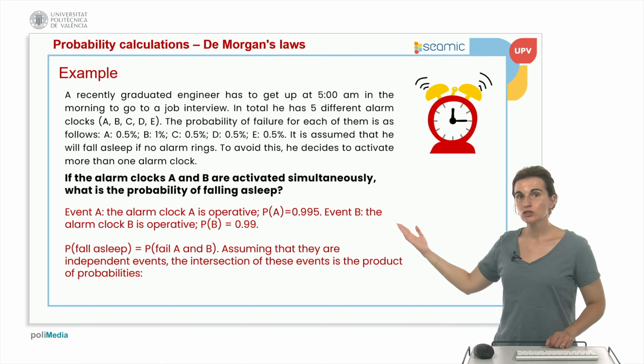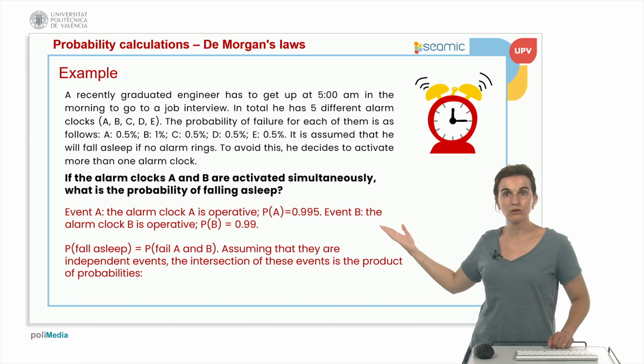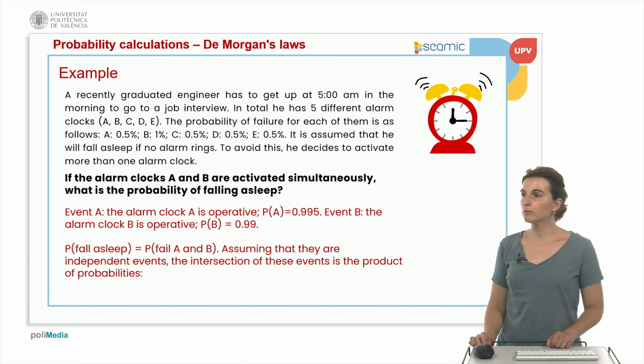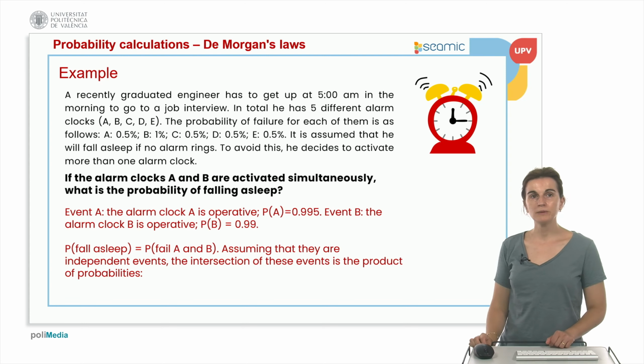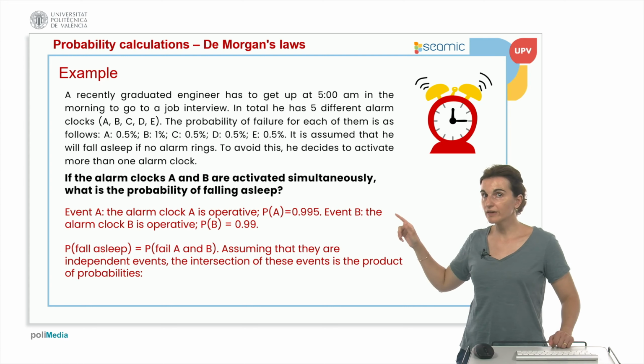And for B should be something similar. The alarm clock B is operative, and the probability that it works well is going to be 0.99. Okay? So the probability of falling asleep should be the probability that clock A fails, and also clock B also fails.